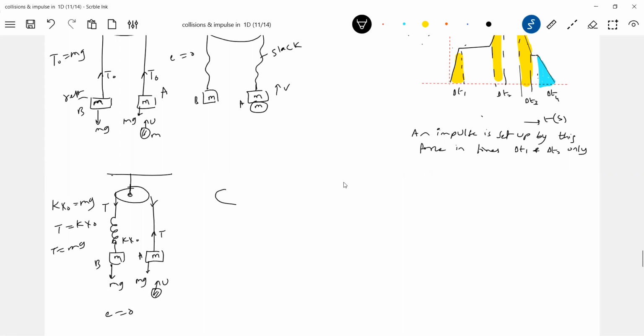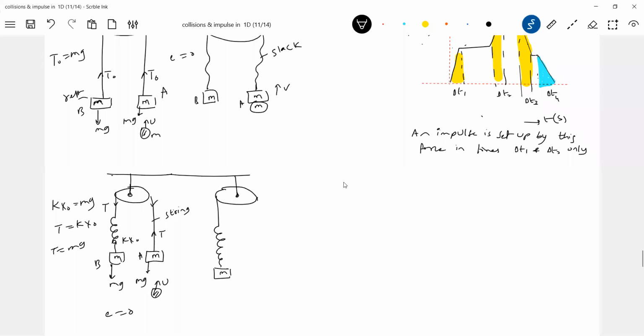Tell me here what will happen to the impulse by the spring now. What should happen to the spring force? What will happen to the string? So this is the string.